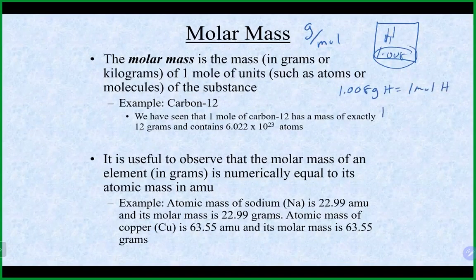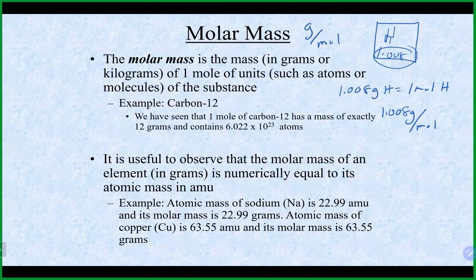That means the molar mass of hydrogen is 1.008 grams per mole. Molar mass is always this way. The number always stays with the grams part, and it's always 1 mole. We could do that for anybody on the periodic table.